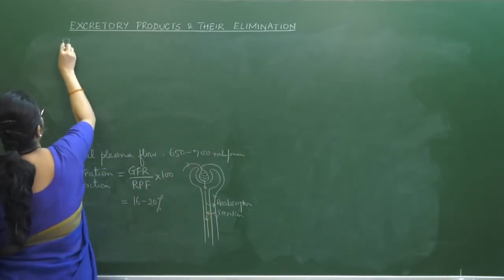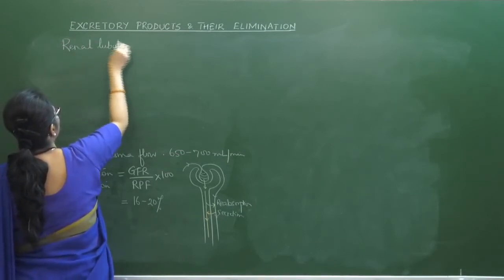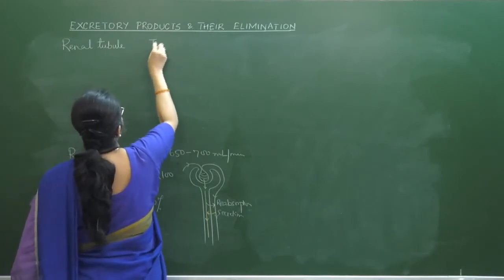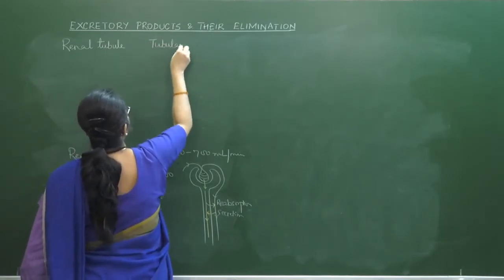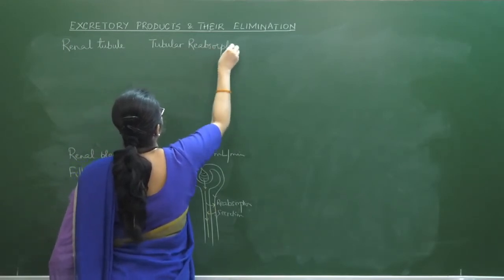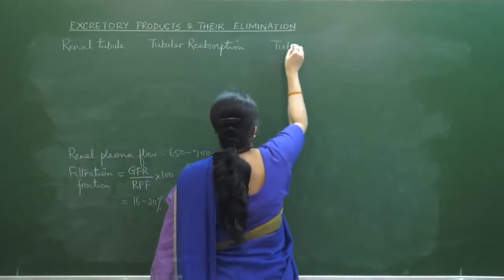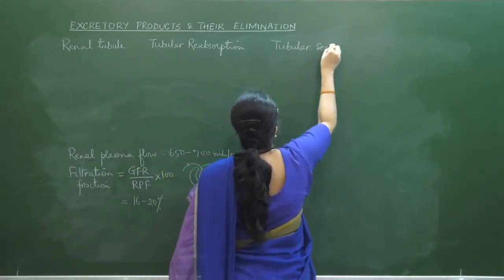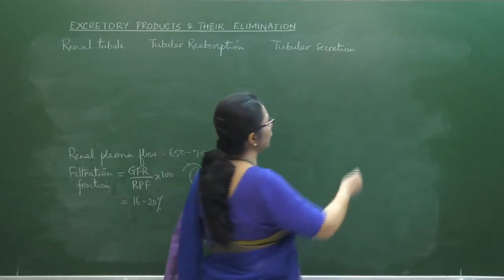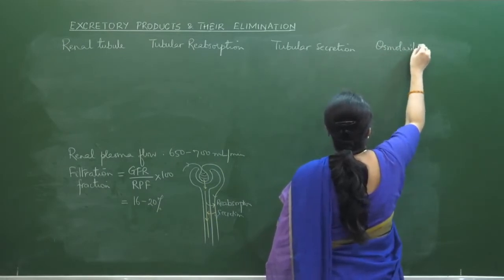So now you see, one column we can have the region of the renal tubule. Another we'll take what is getting reabsorbed here. So tubular reabsorption, then tubular secretion, and lastly of course we'll see what is the osmolarity of the glomerular filtrate.